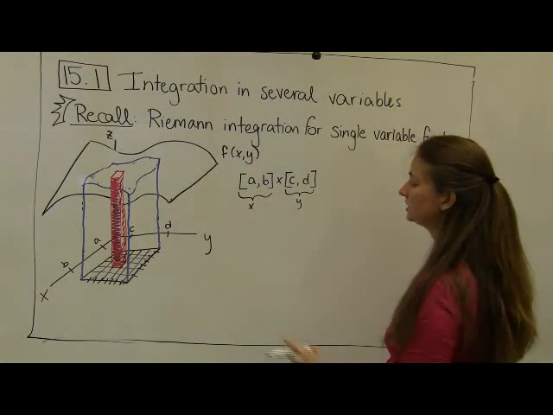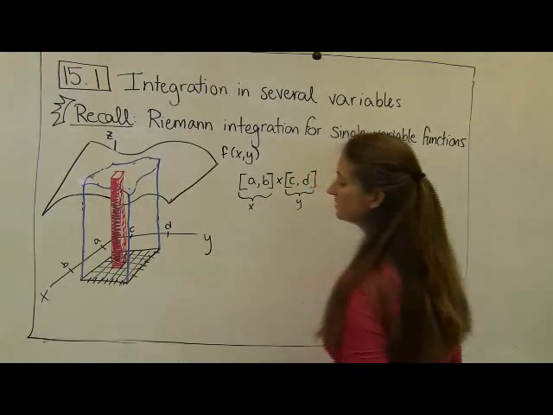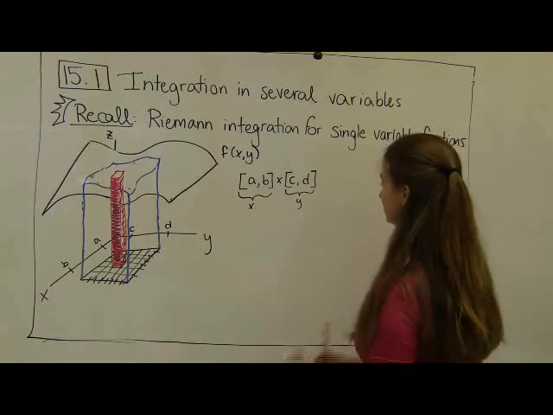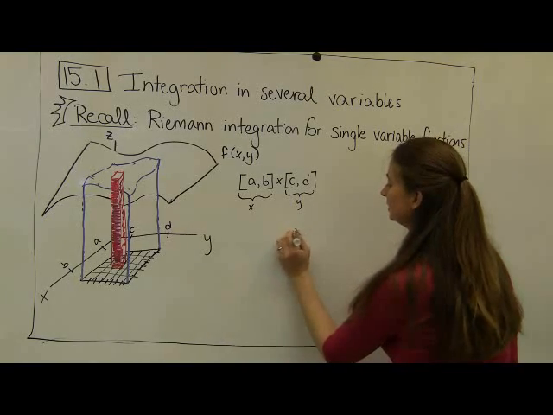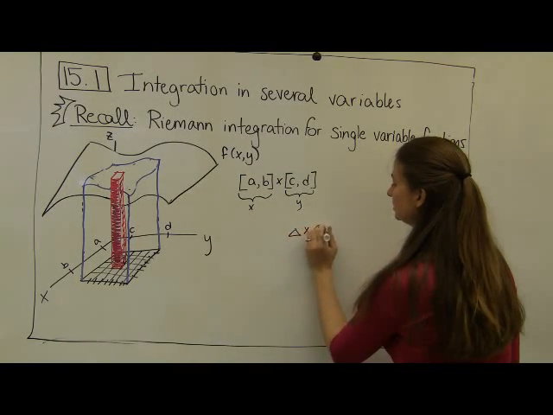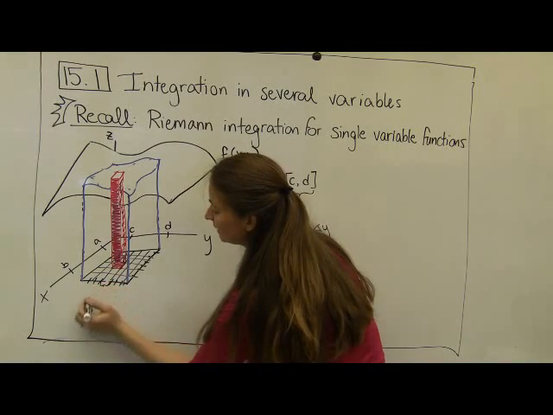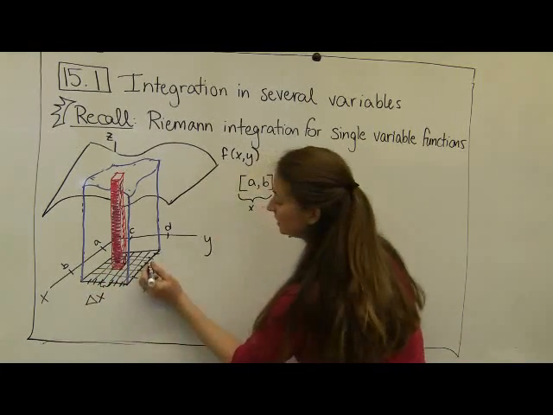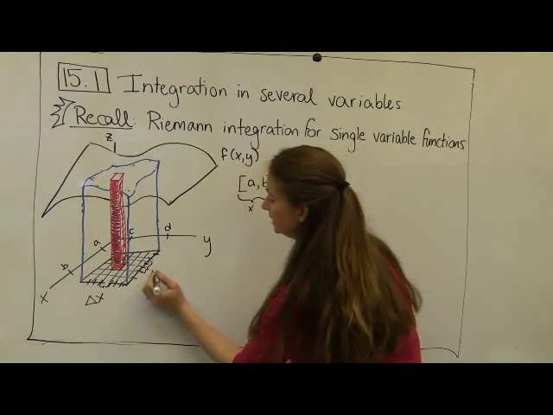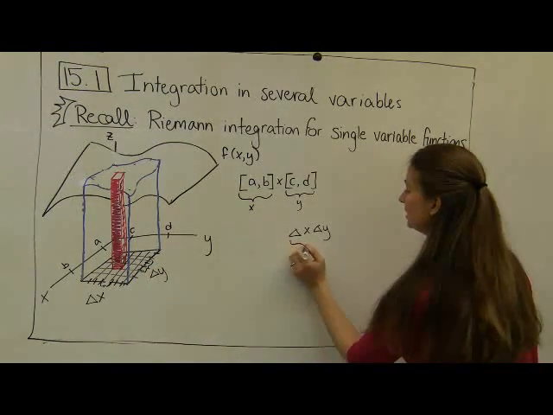The volume of this region is going to be the area of the base, and in this case, the area of the base is given by delta x, delta y, meaning that it's the width in the x direction, given by delta x, and it's the width of the base in the y direction, delta y. So this is the area of the base.